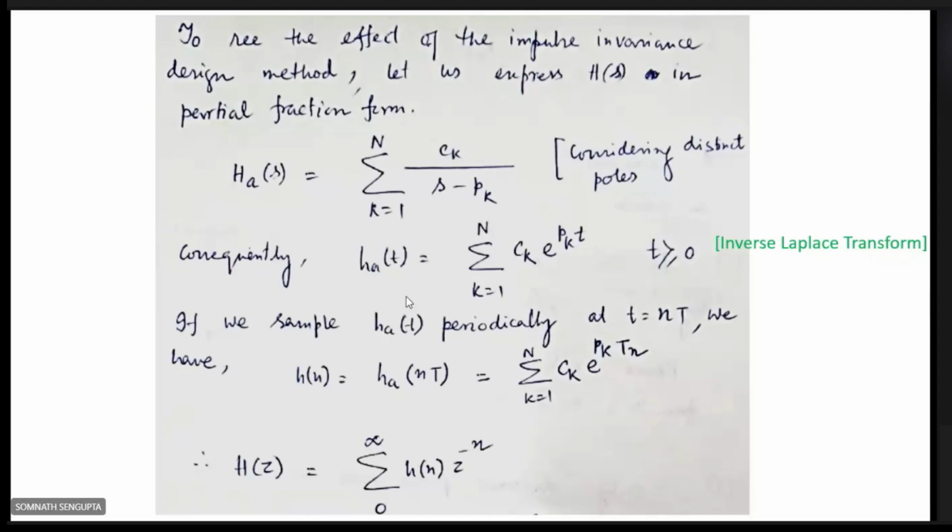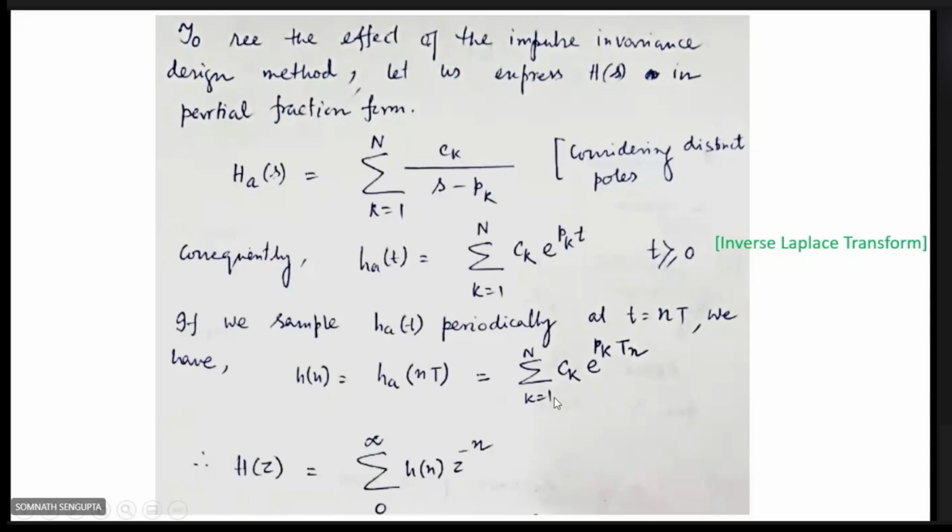Now you have to convert it into the digital impulse response. How do you convert? You have to sample it at specific instants, that is t equal to nT. So in place of t we write nT, and we get h(n), or ha(nT), the sampled version.